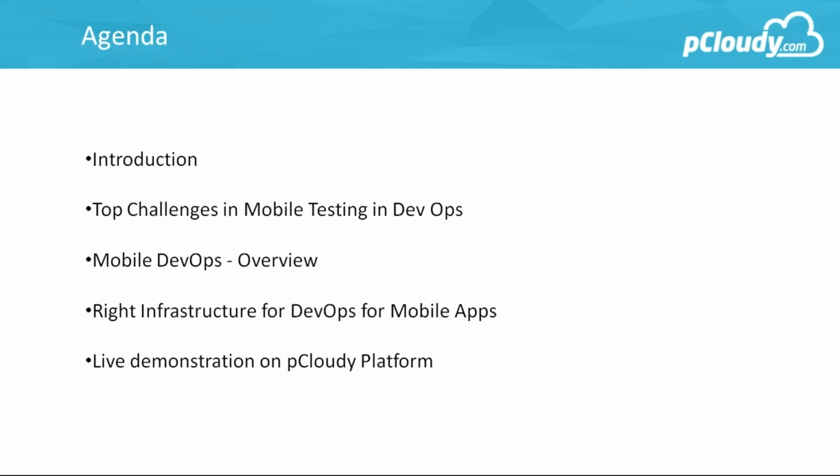And lastly, we will see a brief demonstration on how pCloudy can be used in your continuous testing. So we'll see how pCloudy comes into DevOps, where is the right fitment for pCloudy, and how you can leverage pCloudy to get maximum quality of your product in today's mobile application development lifecycle.